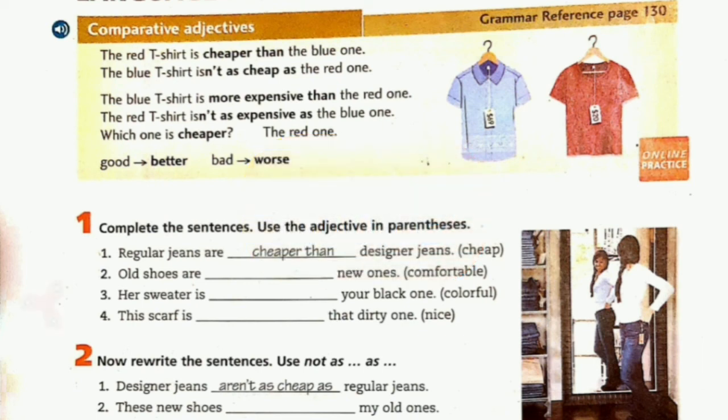And in practice number 2, you're going to use the negative form of the comparative using not, as, adjective, as, right? You're going to rewrite the sentences that you have in number 1 using the negative.